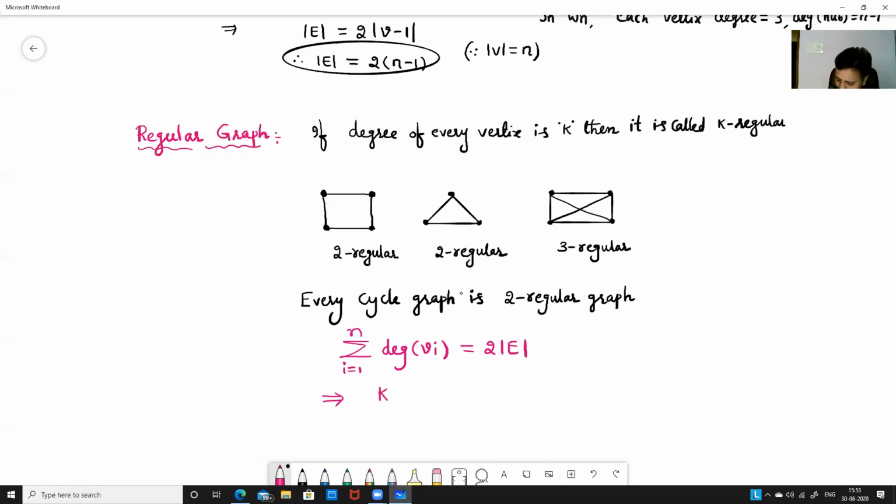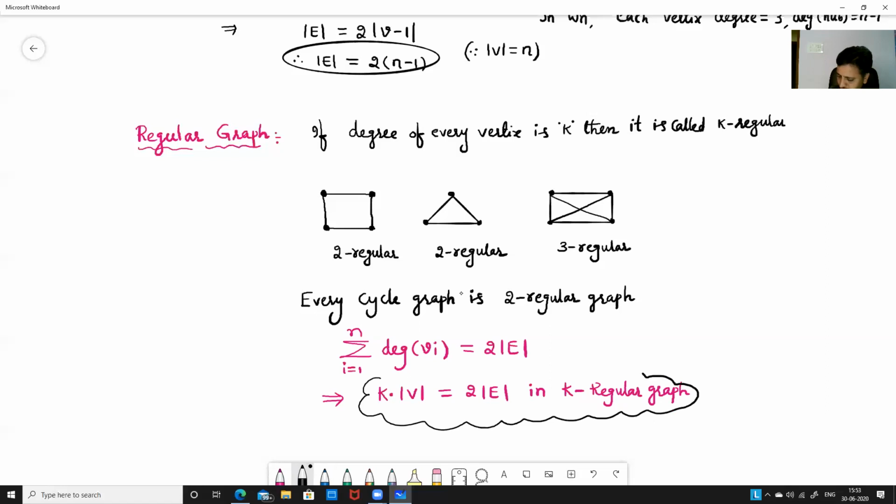Therefore, k into the number of vertices V equals 2 times the number of edges in a k regular graph. It is also a most important result. You have to remember this result: in a k regular graph, k into number of vertices equals 2 into number of edges, by the sum of degrees of vertices theorem.